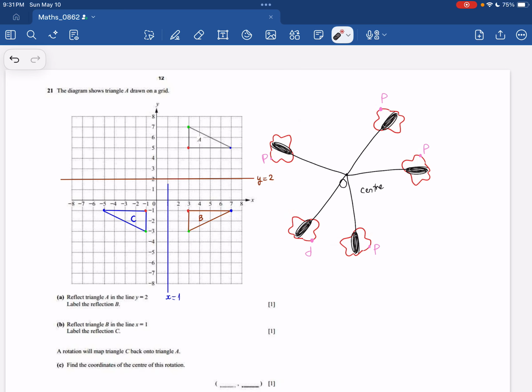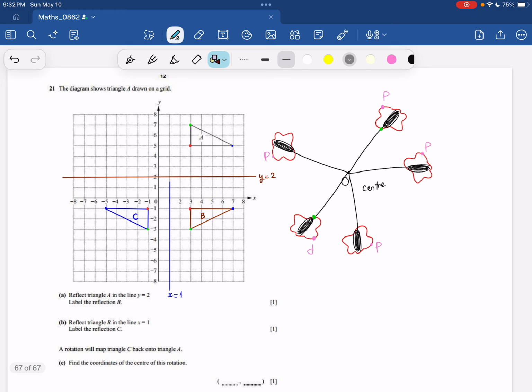So let's have a look at this one. You want to map triangle C back to triangle A. Is there anything special about this one? We can compare these two points here. Maybe there's some special point to look at, like these red points here. It's actually the same vertex of the triangle, right? So I will try to connect them this way.